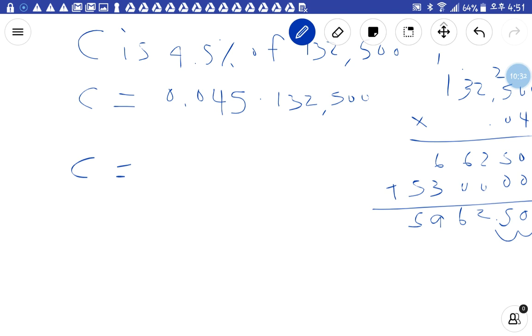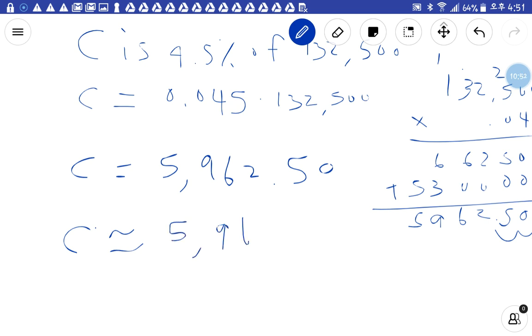So my answer is going to be $5,962.50. But this time, the question says to the nearest dollar. You have to round. Since it is 50, I got $5,963. That's my answer.